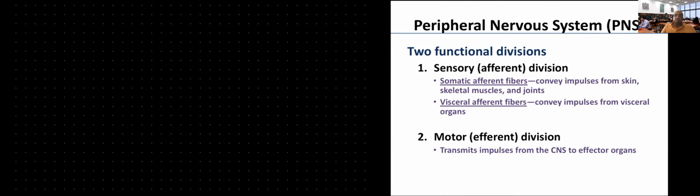We classify the nerves according to the type of signals they will be conducting. And accordingly, we're going to be setting up different types of nervous system. So the peripheral nervous system consists of the different nerves.